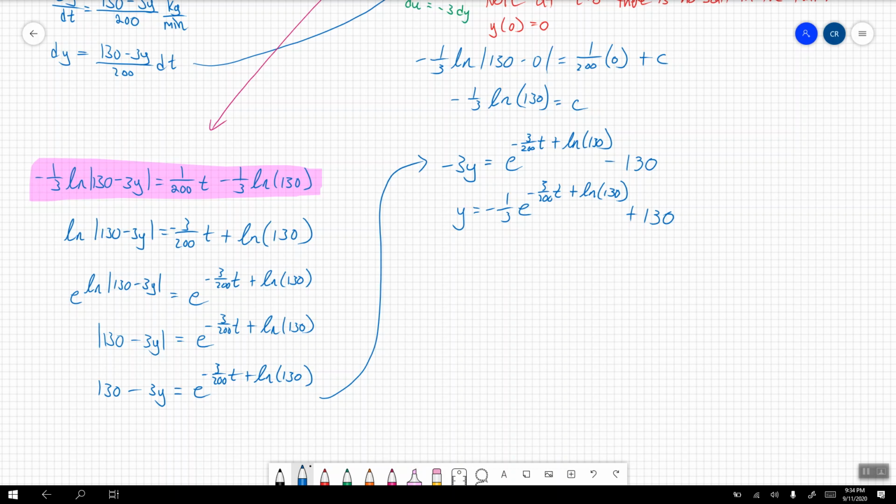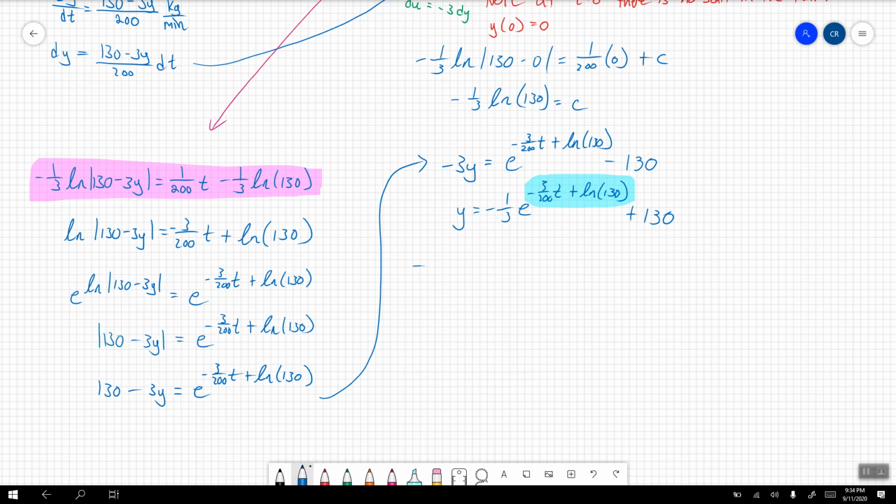So let's clean this up just a little bit more, and I'm going to see if I can clean this up a different way. Let's see, if I take natural log here and then do e to that, then that'll be nice. I'm going to start cleaning that up right up here.